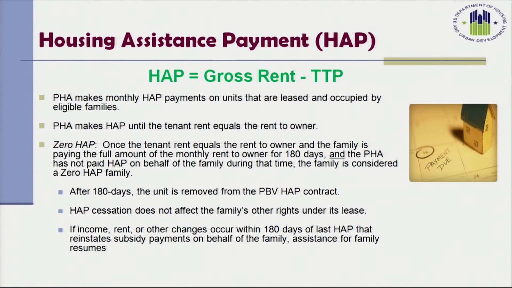After 180 days, the unit is removed from the PBV HAP contract. HAP cessation does not affect the family's other rights under its lease. If income, rent, or other changes occur within 180 days of the last HAP payment, that would reinstate subsidy payments on behalf of the family, meaning the family may resume its assistance with the PHA.